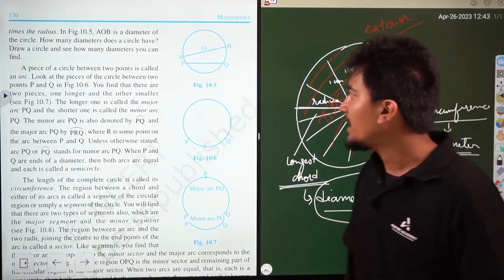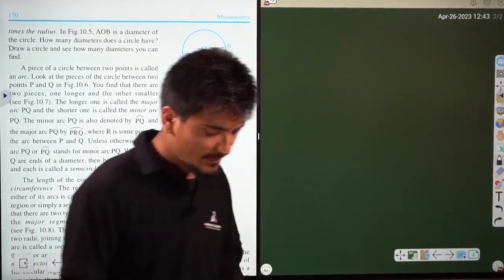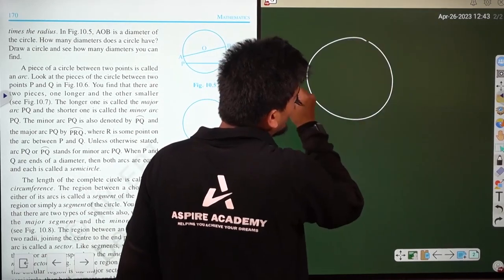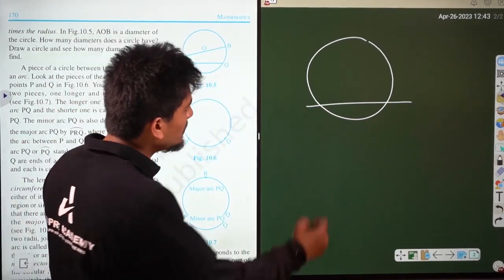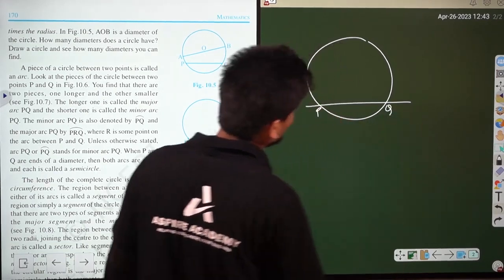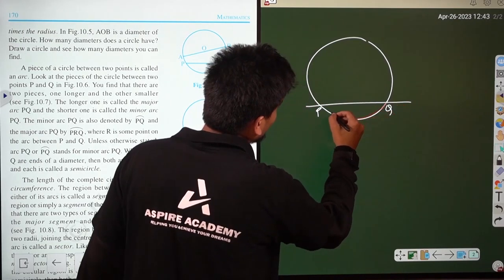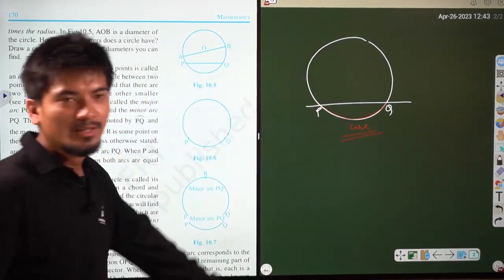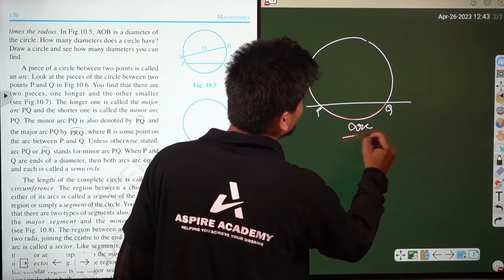Now see, suppose this one is a circle. If I cut this circle at two points, let them be P and Q, then this part is known as an arc, A-R-C.